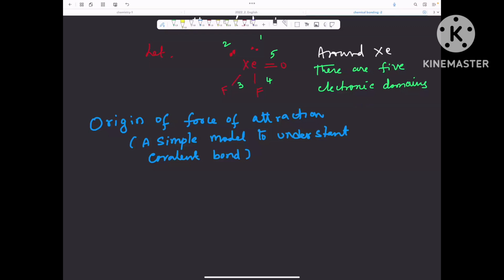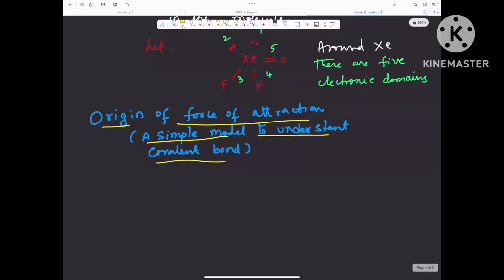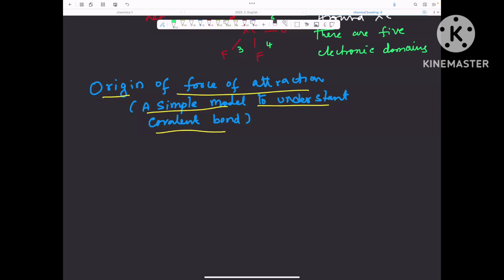Origin of force of attraction, a simple model to understand a covalent bond. Actually, how does this covalent bonding force arise?